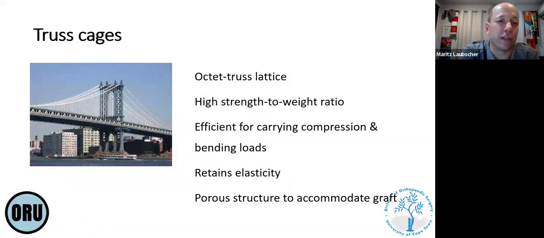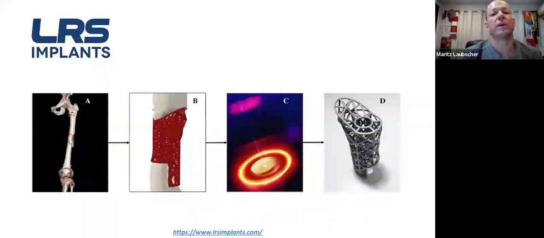It's extensively used in engineering of bridges, as you can see here in Manhattan Bridge in New York, because it maintains a degree of elasticity, and it's obviously much cheaper than building this bridge in solid concrete or steel. And then in the human cases, it has the added ability that you can insert bone graft into the porous structure.